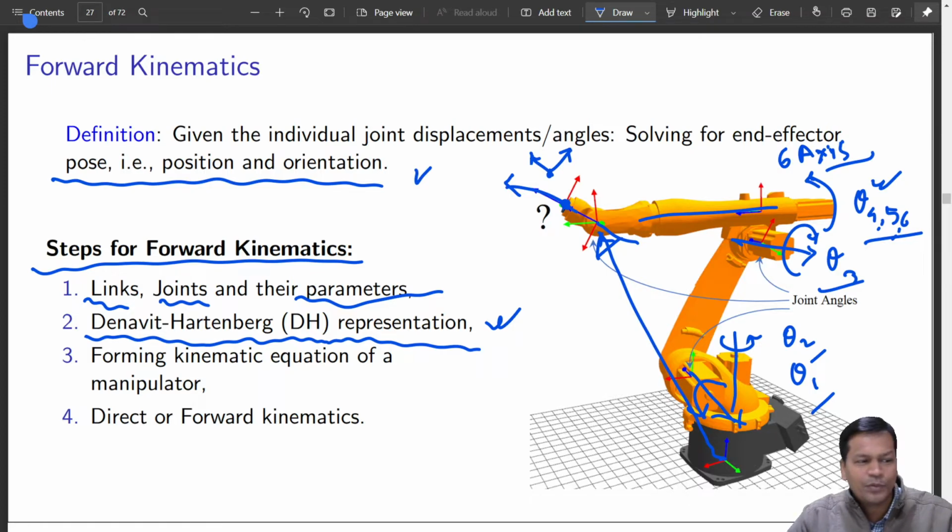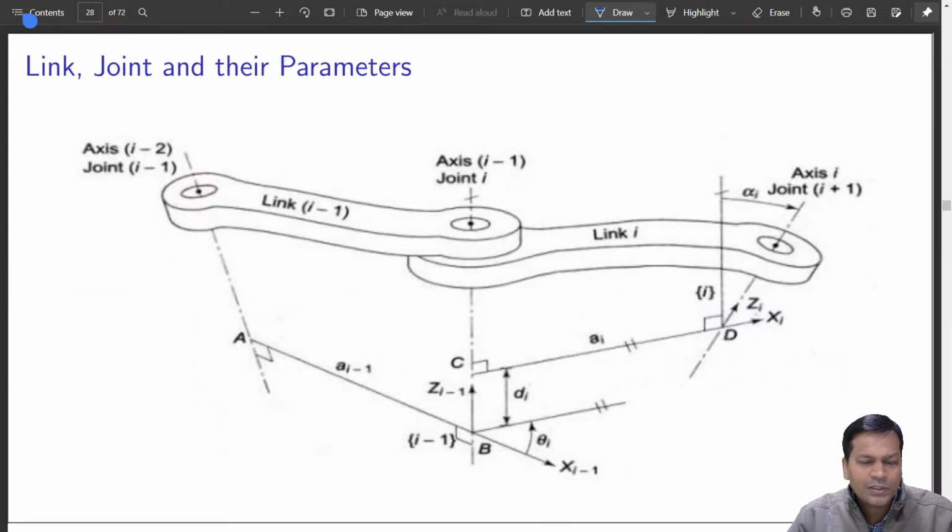It won't just define the structure of any link, what its length is, how much it is twisted, but it will also define how it is oriented with respect to the previous link. If this is the previous one, this can have a certain angle with respect to that. So it also represents orientation. Got it? So this is what links and joints and their parameters are.